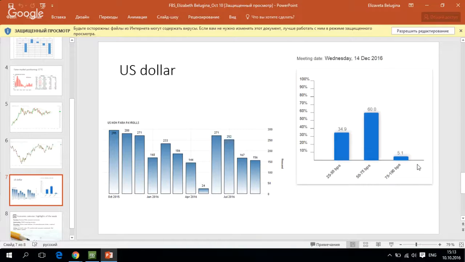So for now, the risk of Trump, let's call it this way, has diminished, and the situation is more stable for American stocks, but less favorable for the US dollar. Somehow this decreases the demand for the US dollar.